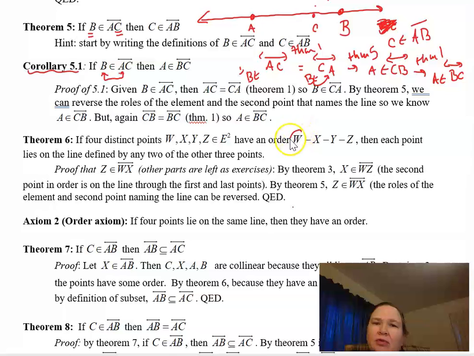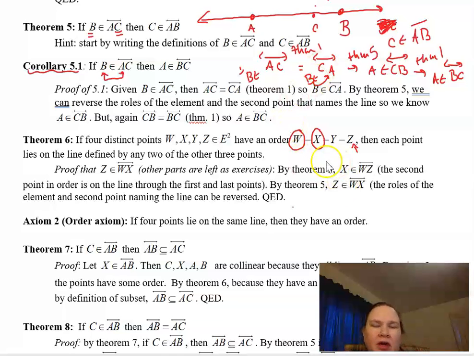I can pick any 2 of these to name a line, and I can pick another point and say it is on the line given by those 2. So Z is on the line named by W and X. And so this is another one where we're putting things together.